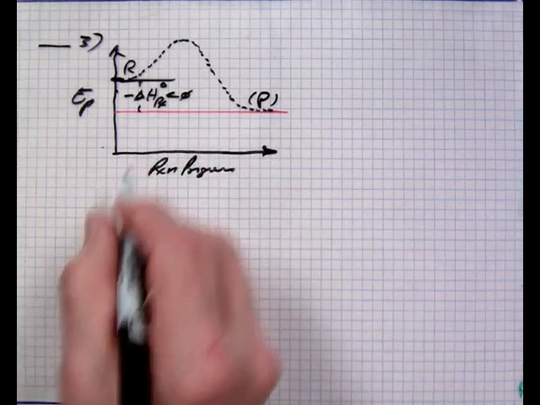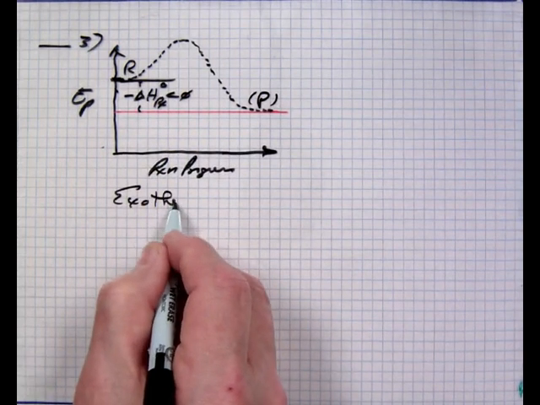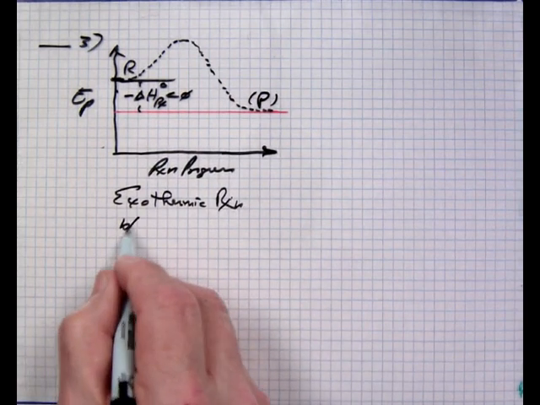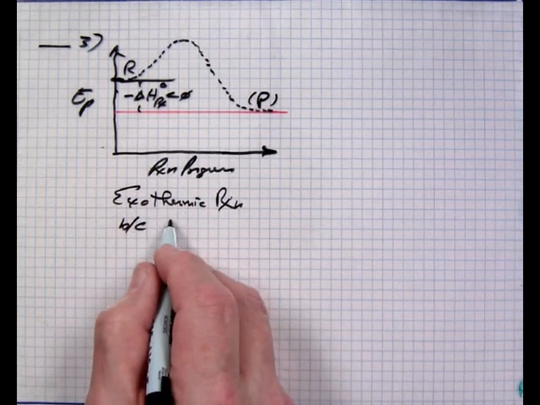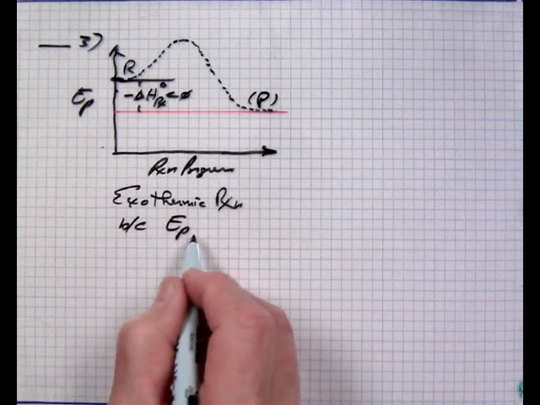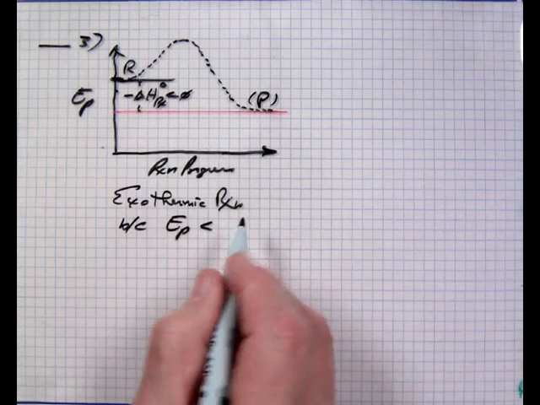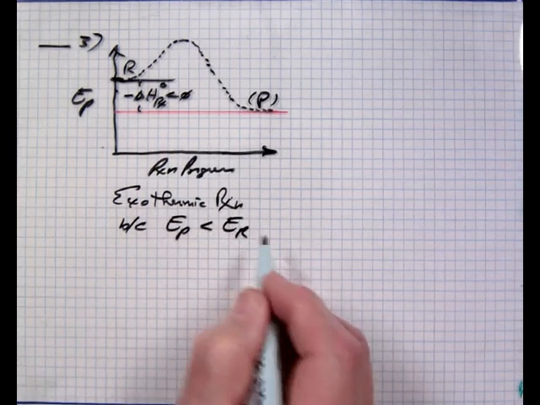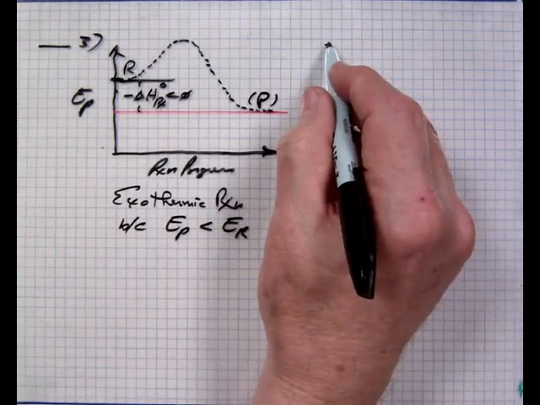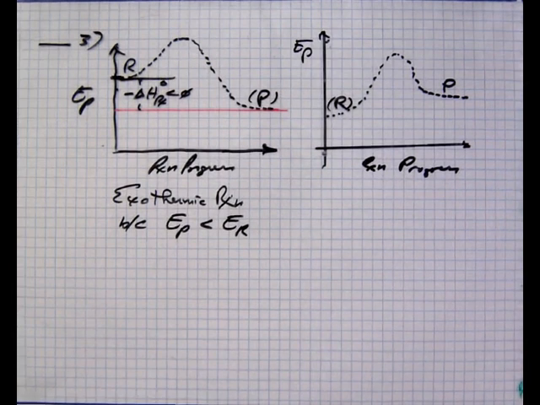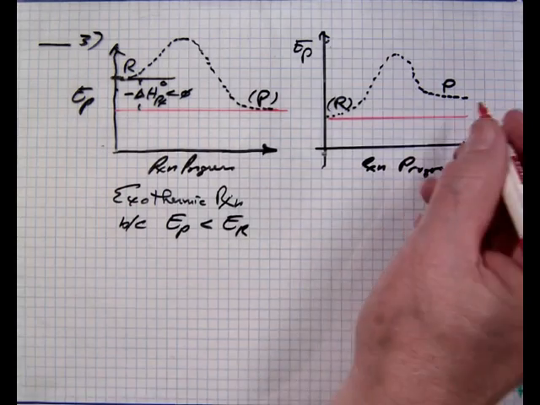And so we classify this one as an exothermic reaction because the E of products, that's your positional energy or internal energy of the products, is less than the internal energy of the reactants. They appear magically, so you don't have to see me drawing pictures all the time. So that's an advantage.